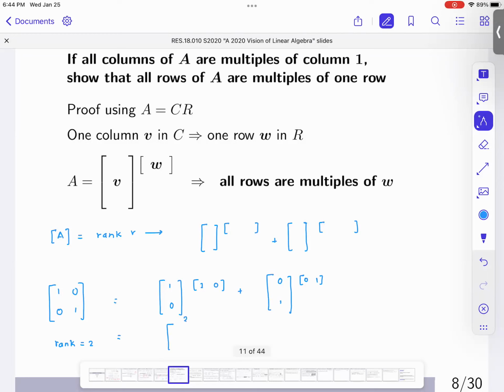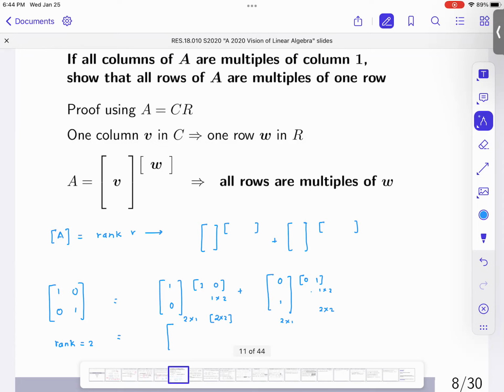This is 2 rows, 1 column, and 1 row, 2 columns. So finally, when I multiply this, I'm going to get a 2 by 2 matrix. You agree with me? When I perform this multiplication, I'm going to get a 2 by 2 matrix.